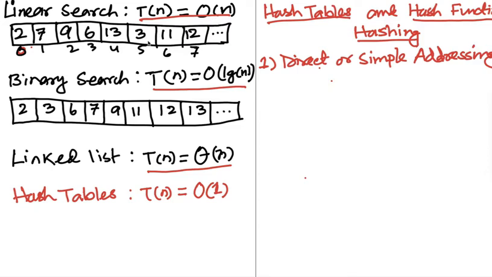For instance, if we want to check whether a value like 10 exists in this array, we start our searching from the beginning and go one by one all the way to the end. If we do not find it, or in the worst case we find it at the very end, in both cases our time complexity for linear search is big O n.